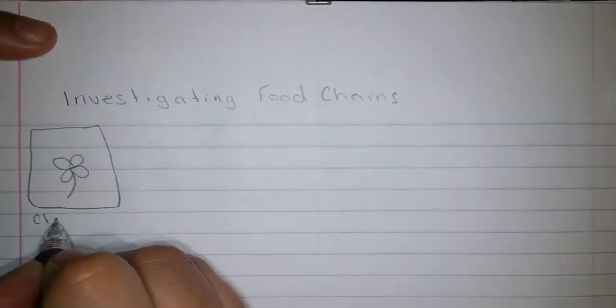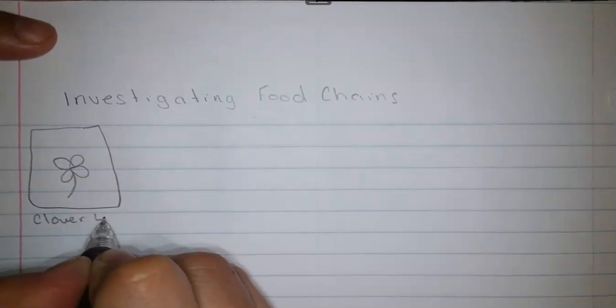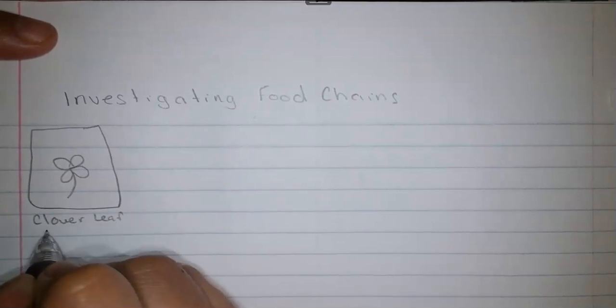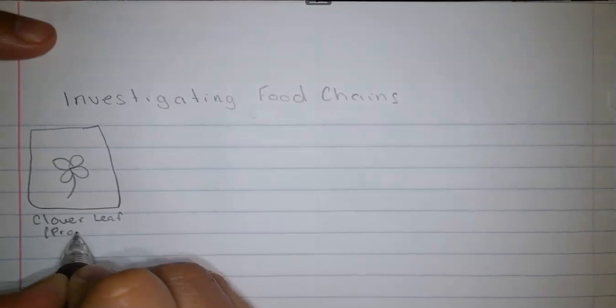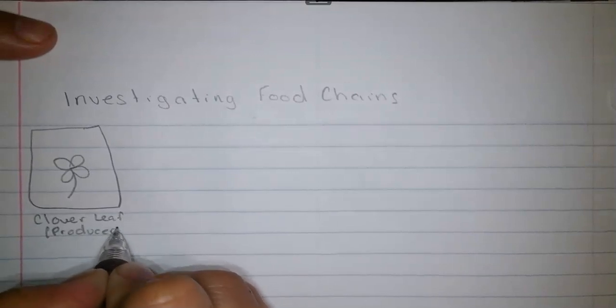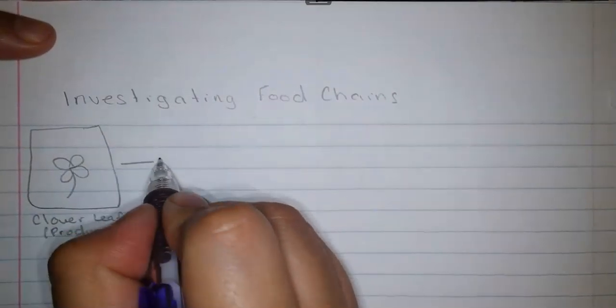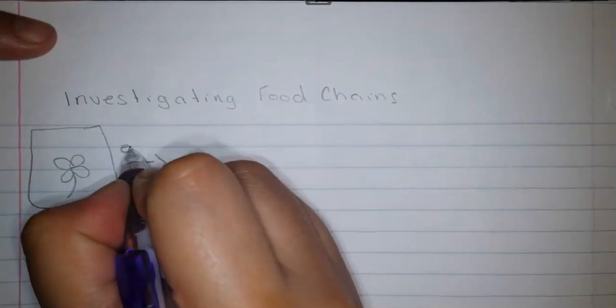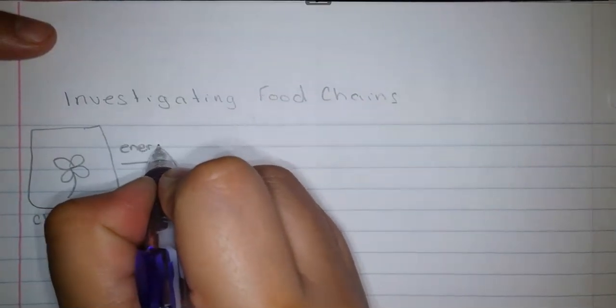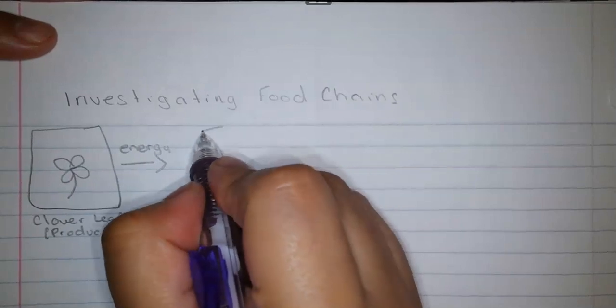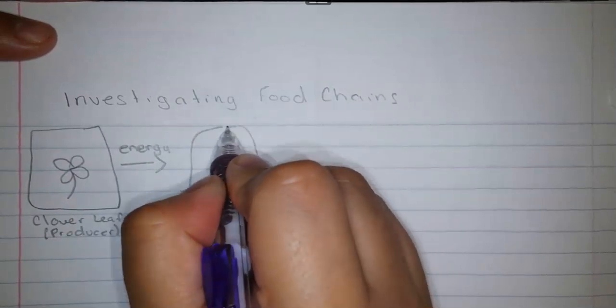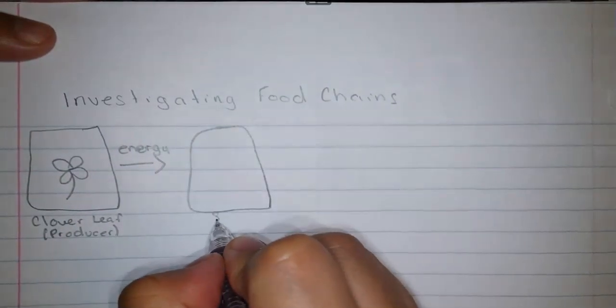I would put clover leaf, producer, and then I would do my arrow, which means energy, and I would do my next box, and we said that it was a snail.